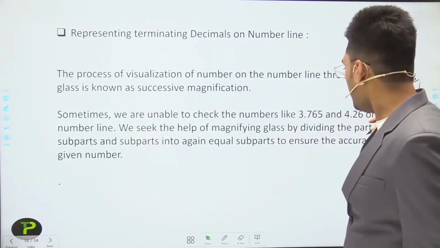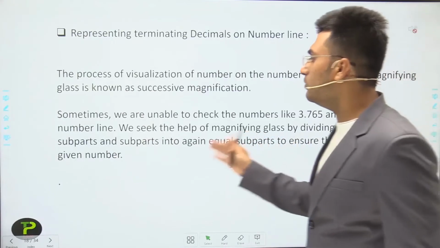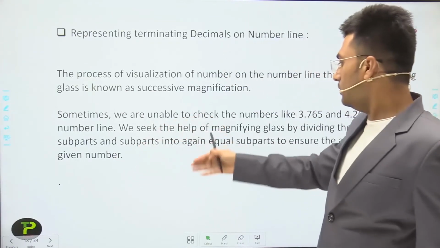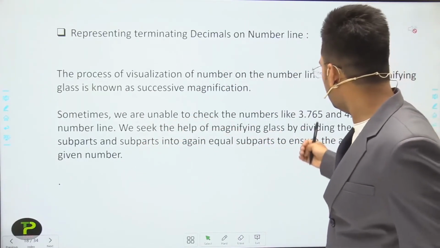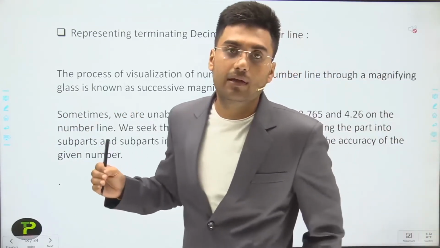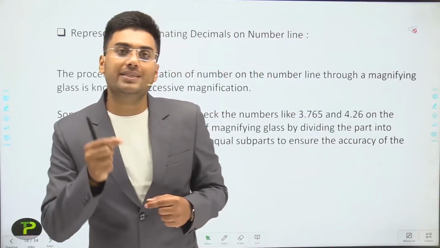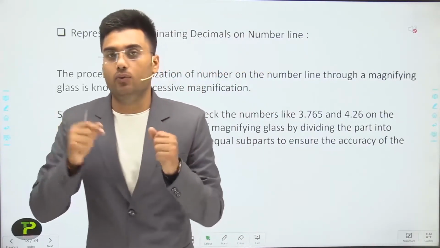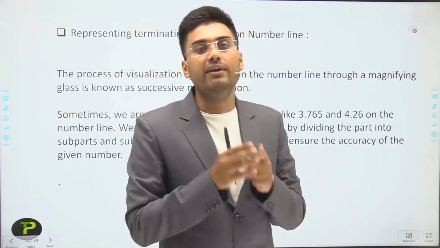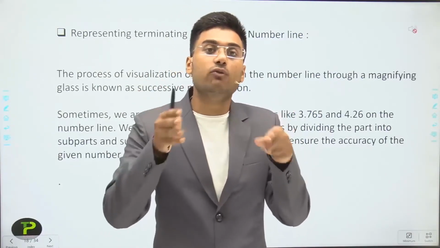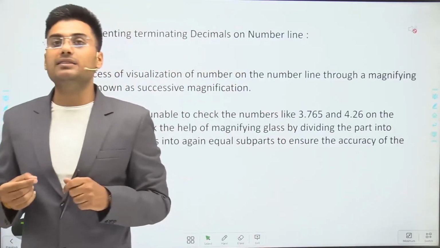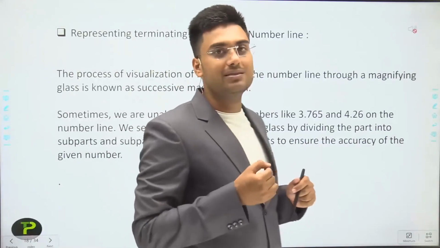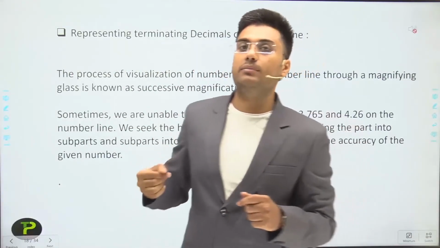So we divide the part into subparts and subparts again into equal subparts to ensure the accuracy of the given number. For example, if you want to represent 1.2, 1.2 belongs between 1 and 2. Then we divide 1 and 2 into 10 equal parts. Why 10 equal parts? Because in our number system we use the base 10 number system.